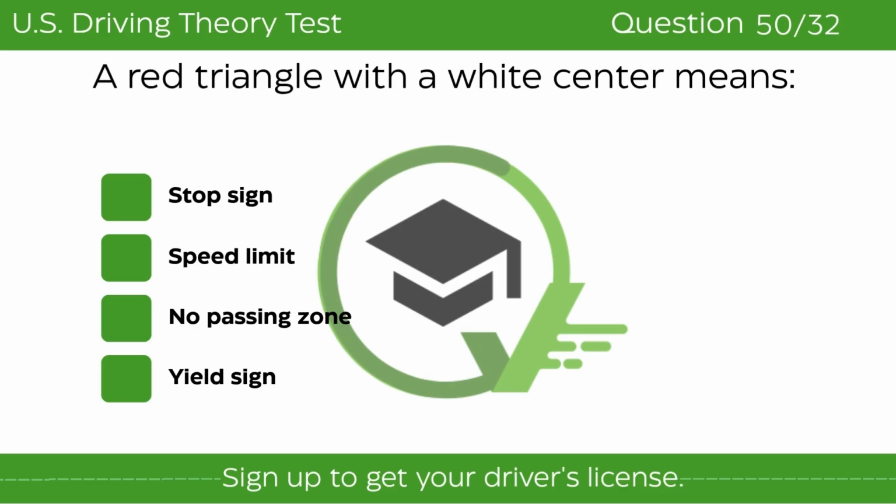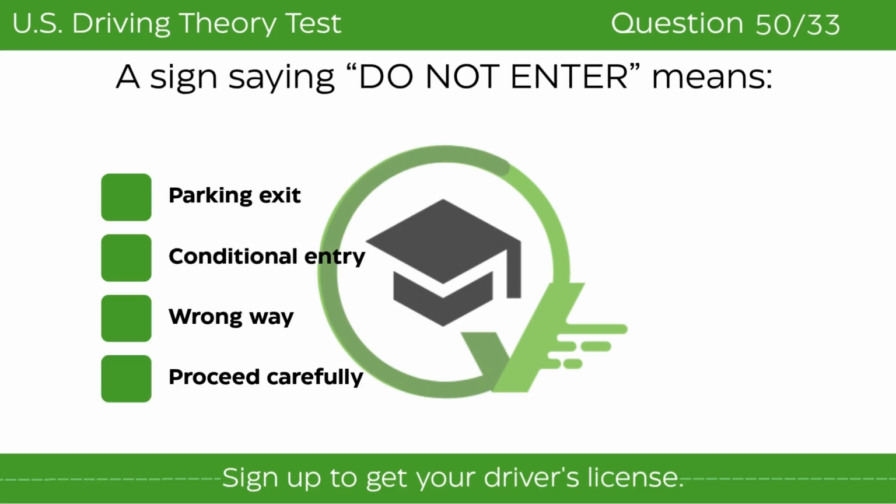A red triangle with a white center means D. Yield sign. Question 33. A sign saying "Do not enter" means C. Wrong way.